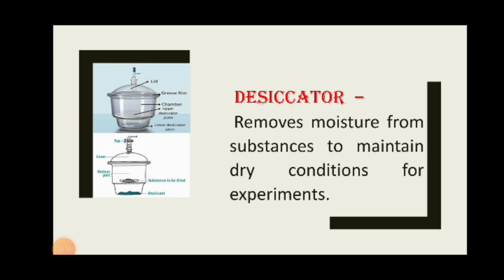So what you will do to regain the color is to heat that desiccant again to make it colorless and then return it to your desiccator. That's the purpose for drying. Do not dry your sample at room temperature. Room temperature has more moisture, so it would add to the weight of your sample, so eventually you will not arrive at very accurate results. So we put it in a desiccator.